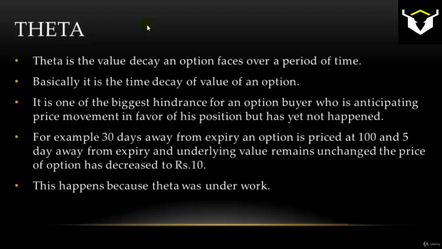Hence it is priced at 10 rupees, which means it has not much time value left in it. So if you are a buyer or a seller of an option contract, you need to understand the rate of theta, how much you will have to pay, or how much you will get in the form of rent if you carry a position.